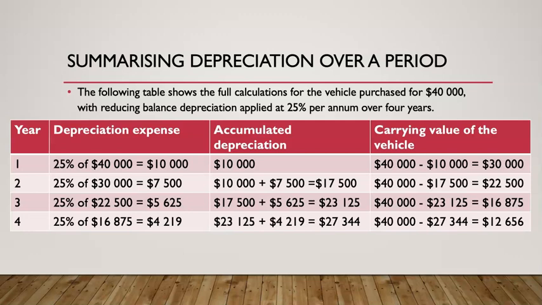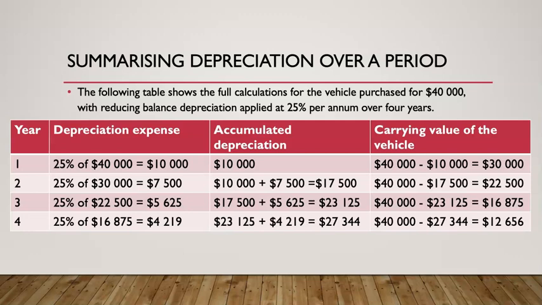We always need to work out the carrying value. So after year 2, if you look at the second row, we have a carrying value of $22,500, which is 40,000 minus 17,500.